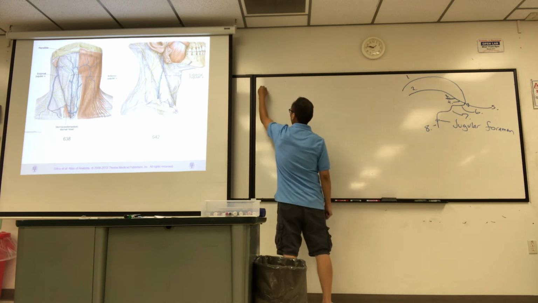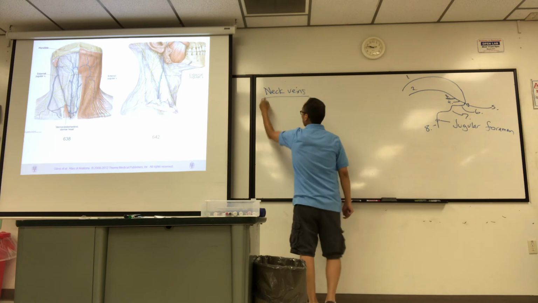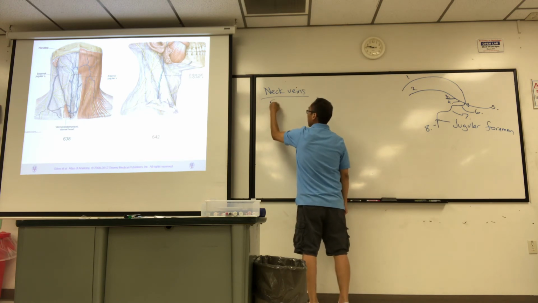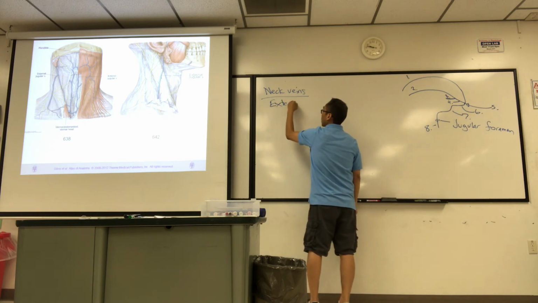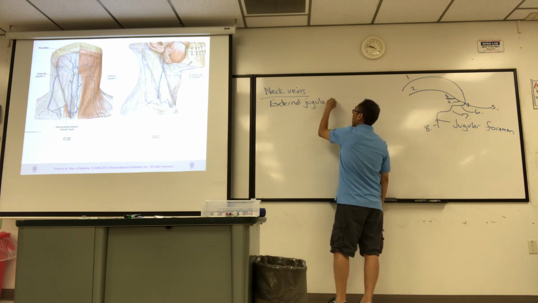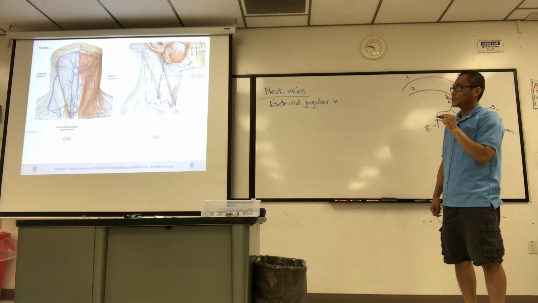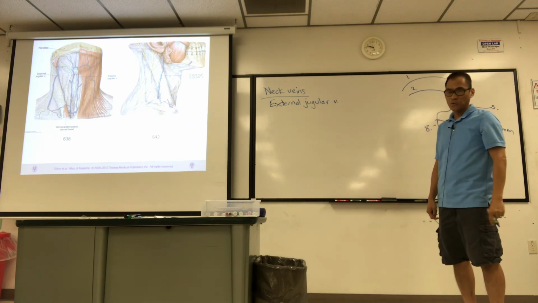So basically, neck veins. External jugular vein, a portion of it overlies sternocleidomastoid.